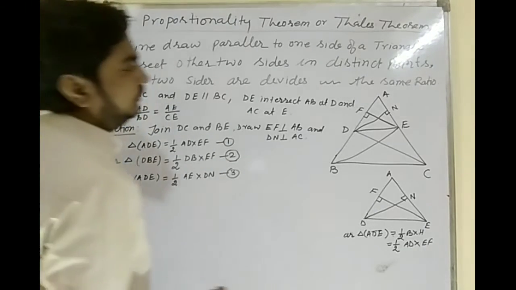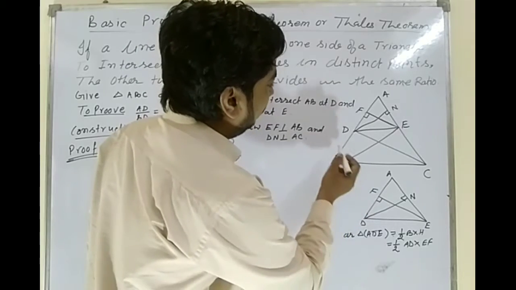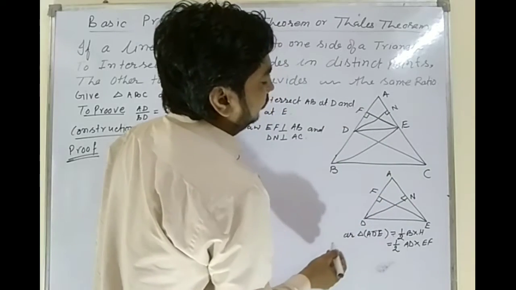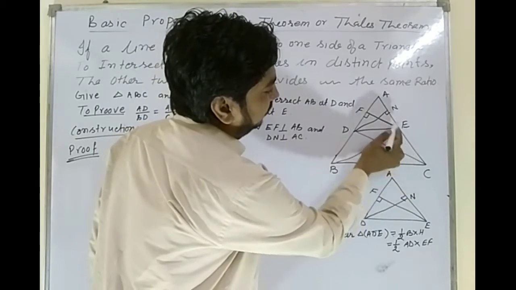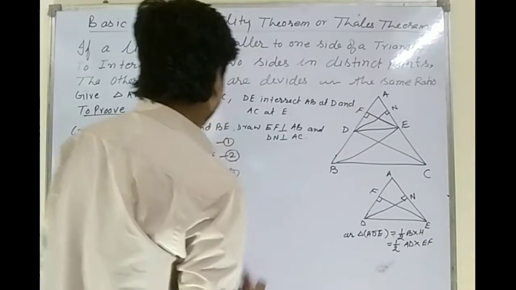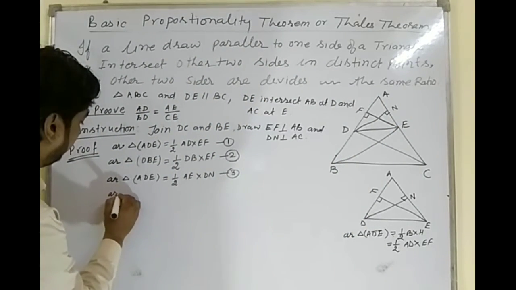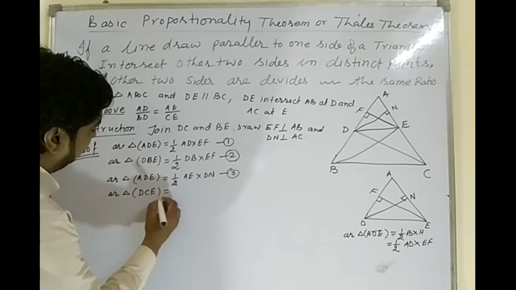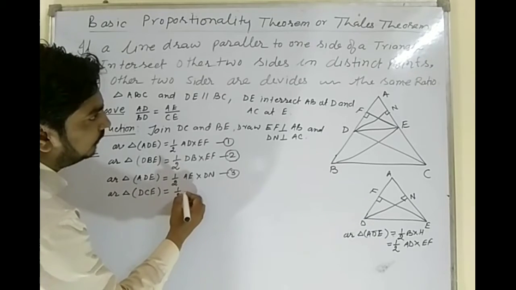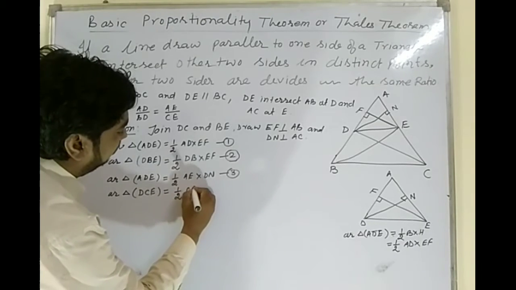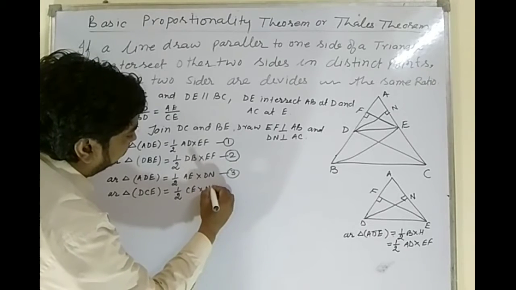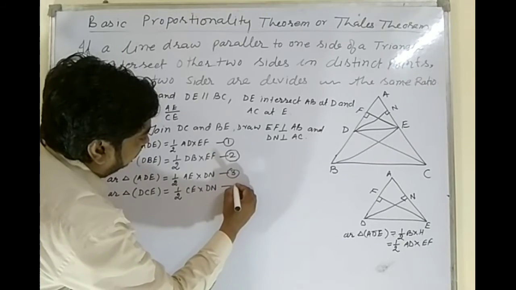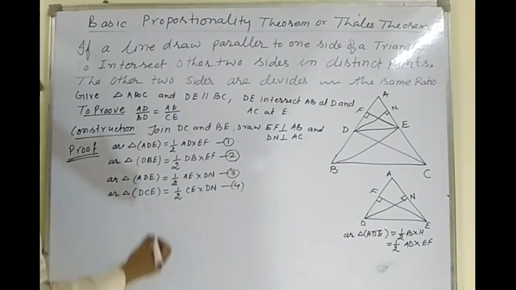Now come to triangle DCE. This is also an obtuse triangle. So the base is CE and the height is DN. This is the fourth equation.